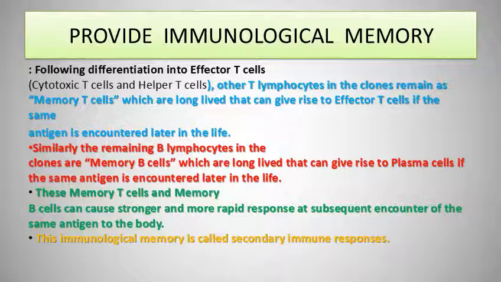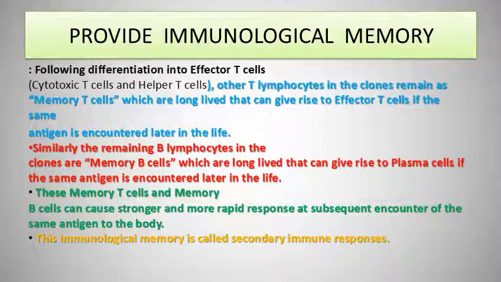Then I told you some other cells also form in the clone, and they remain as memory cells, which are long-lived, and if they confront the same pathogen or antigen later in life, they give rise to the effector T cells later in life.